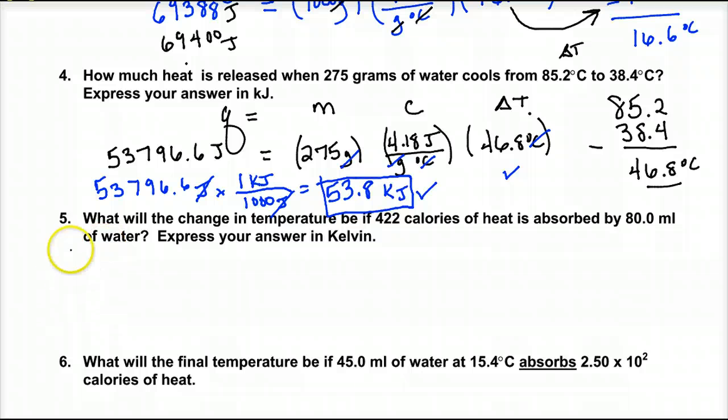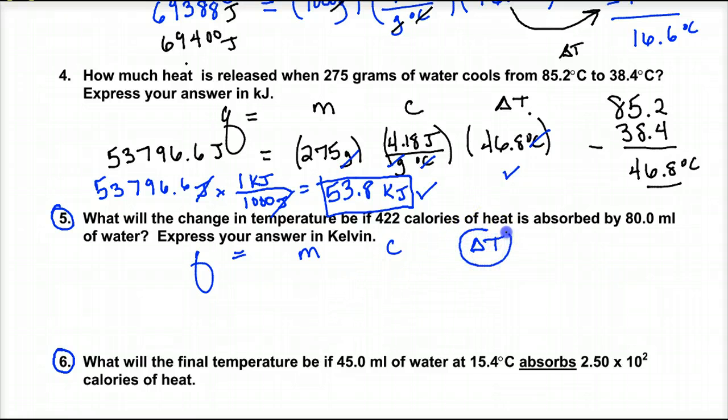I'm going to ask you to do number 5 for homework and number 6. Now, in these two equations, they're a little different. You're using Q equals MC change in T, but now you're going to solve for change in T. Now, how do you do that? Well, I would rewrite the equation algebraically.